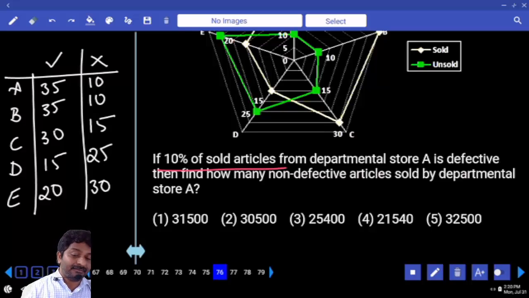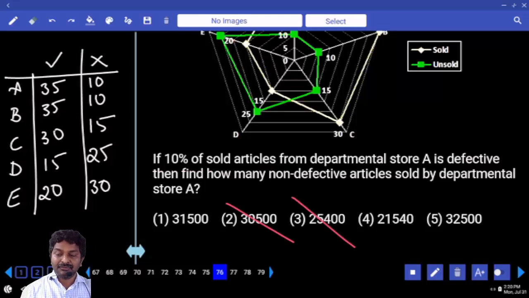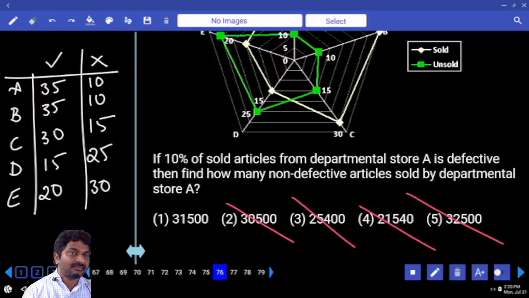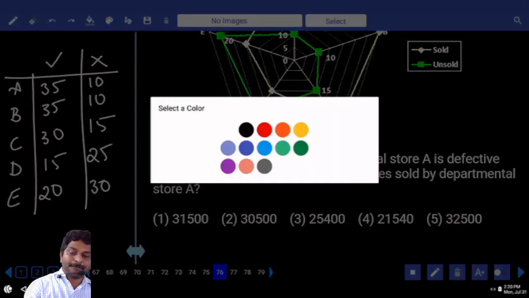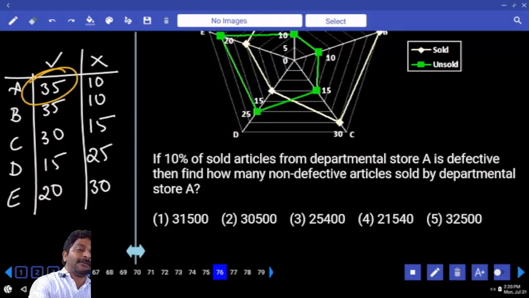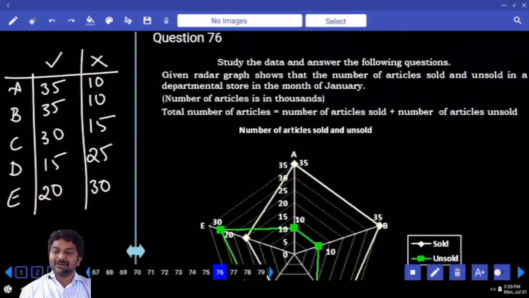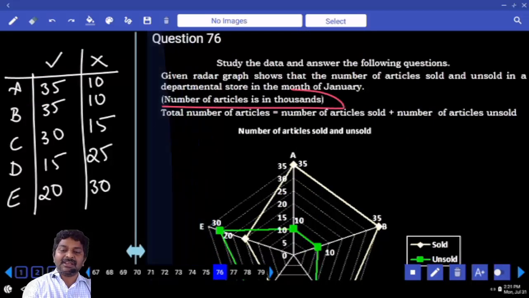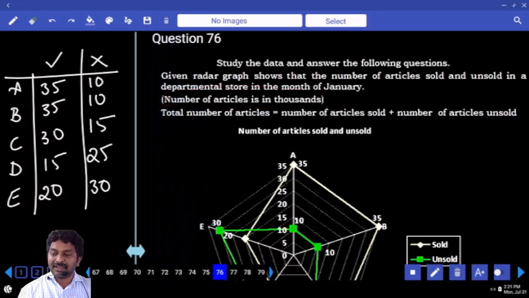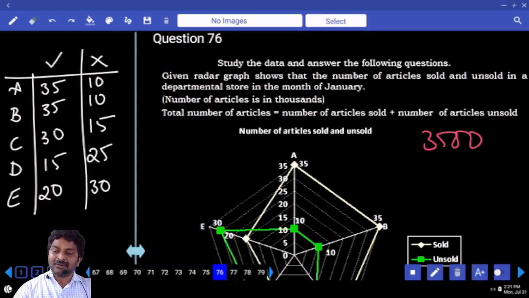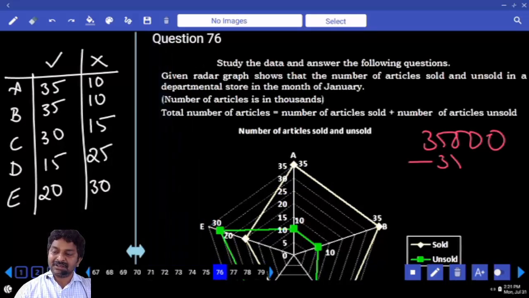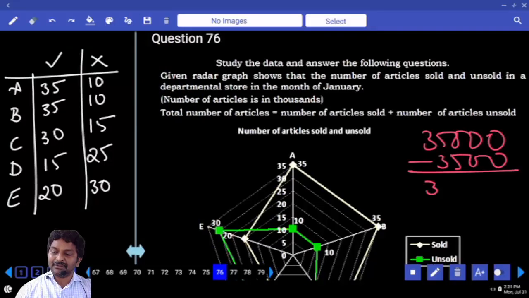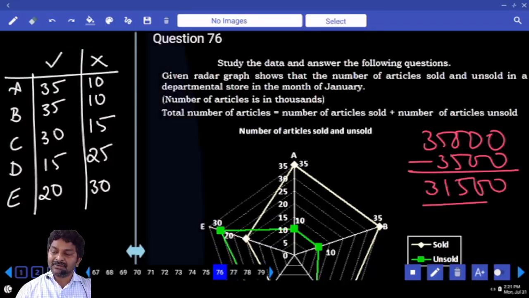Sold items in department store A, how many are there? All the values are in thousands only. That's what they mentioned in the instruction part. So we have a total of 35,000, 10% of which is 3,500 defective. Non-defective are 31,500.